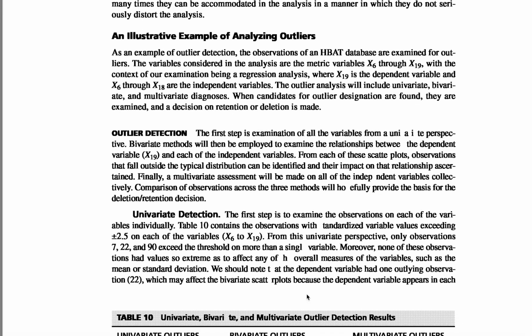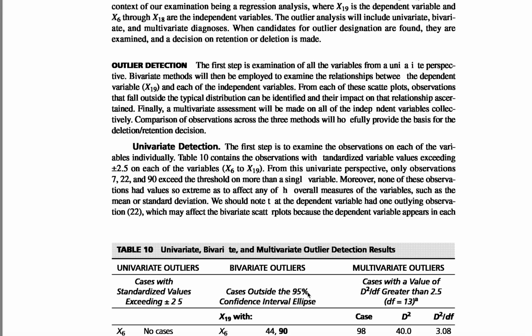Outlier detection. The first step is examination of all the variables from a univariate perspective. Bivariate methods will then be employed to examine the relationship between the dependent variable X19 and each of the independent variables.